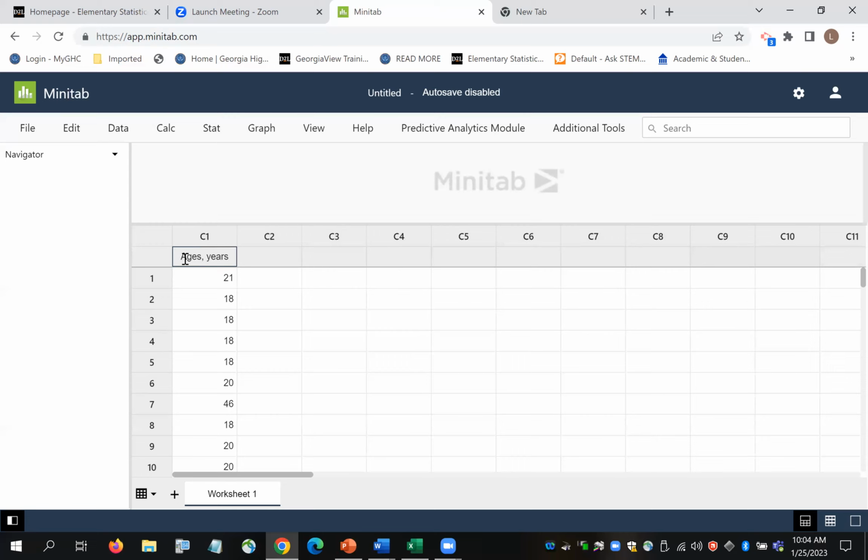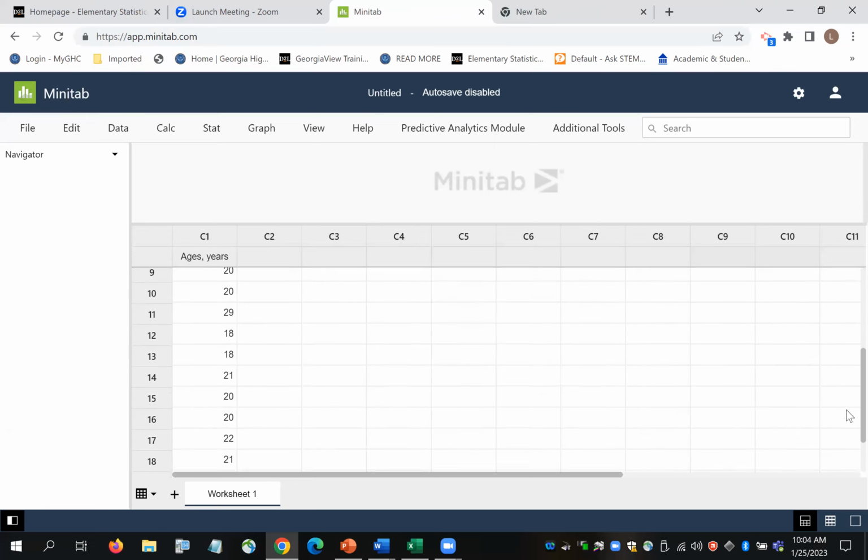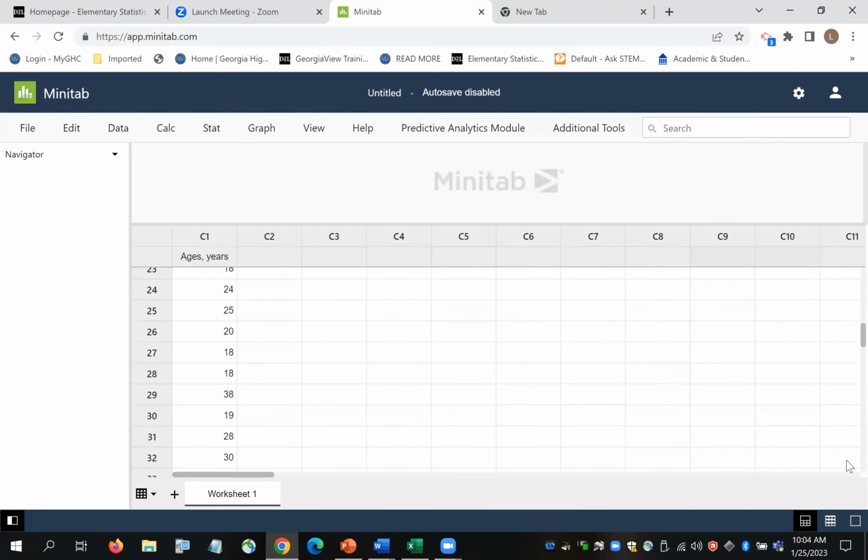And then I started in the first column and I went down the column and I've entered the data. I just started typing the numbers. And again, I've typed most of them. I was going to show you a few. I like entering the last column.